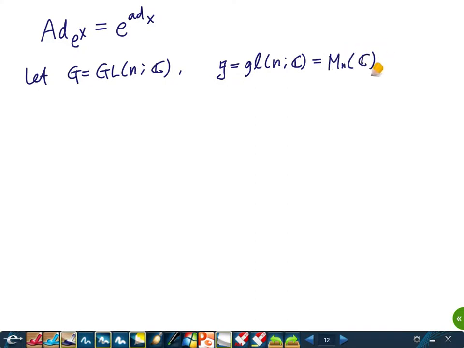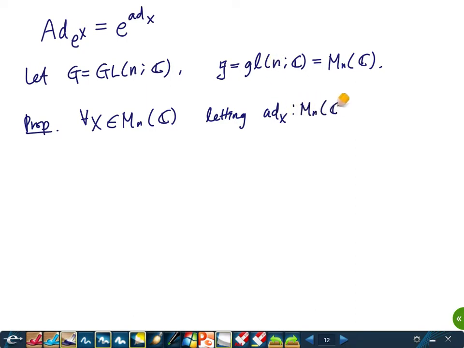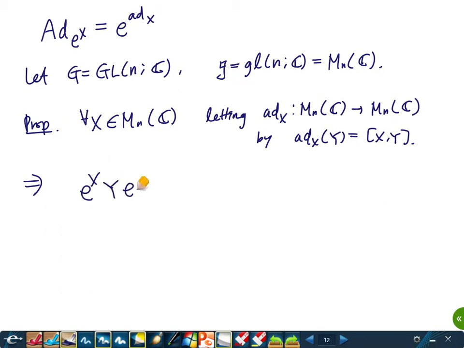So the proposition: for all x, we are just using the Lie bracket, a definition of the adjoint map from there. We can define this adjoint map as before, by ad x of y equals [x, y]. Then e to the x, y, e to the minus x equals e to the ad x of y.